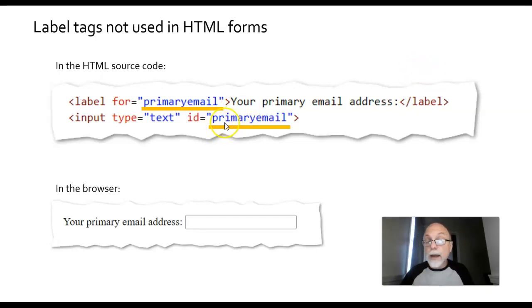I get to make up the ID, and then in the label it tells me what this is for. Right? So for this text to be linked with this input field, this for attribute has to reference the ID of the second box, of the following box, I should say.